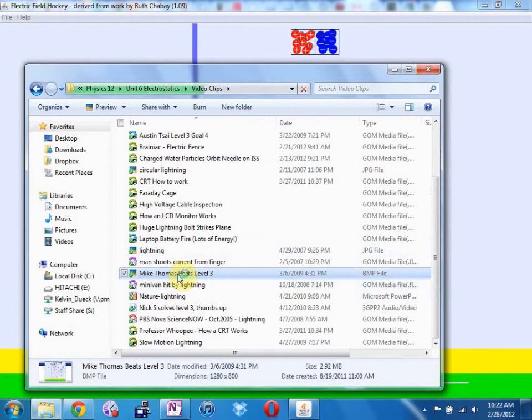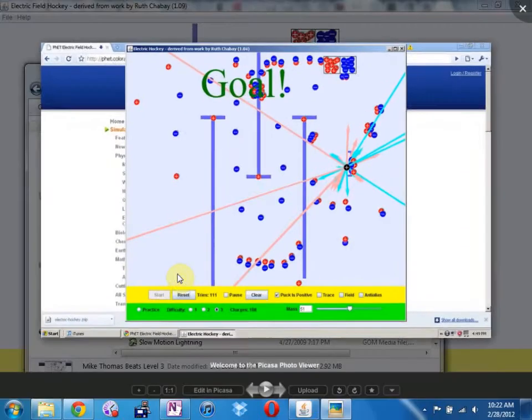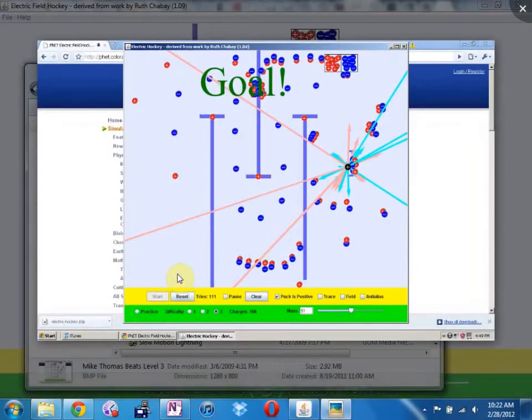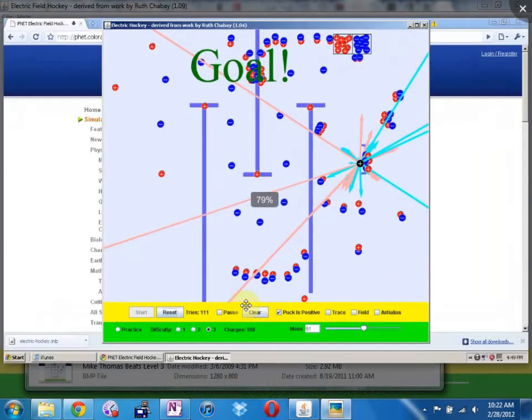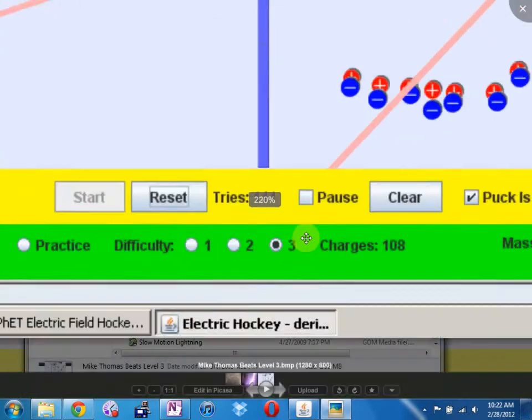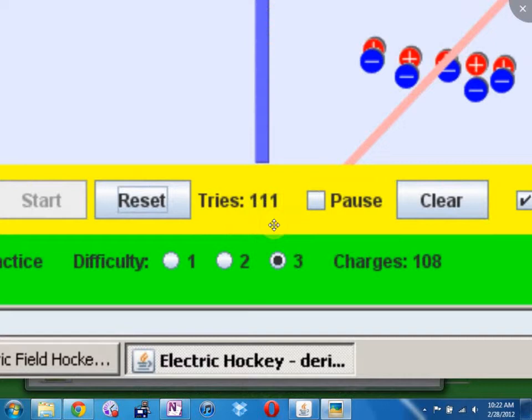Here was one of the first kids to get it. And I don't know if you can see how many tries it took him. It's surprisingly addictive. I've had kids hand me stuff in with 300 trials before. I just warn you. Because once you get close, it's surprisingly addictive.